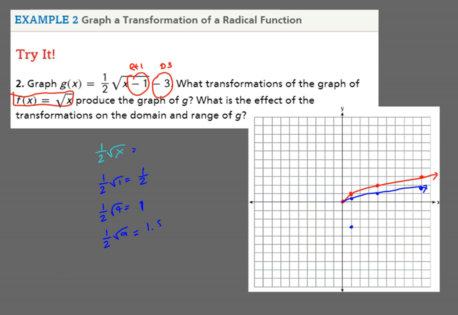Oh, let's change colors. Let's make it orange. Right 1 down 3. There's the origin point. This one goes right 1 down 3, up to a half from that. Right 1 down 3 from here.